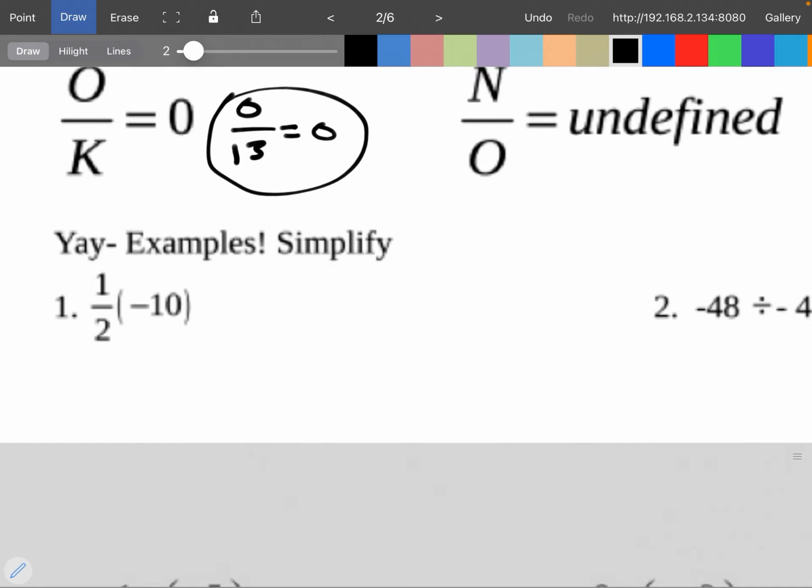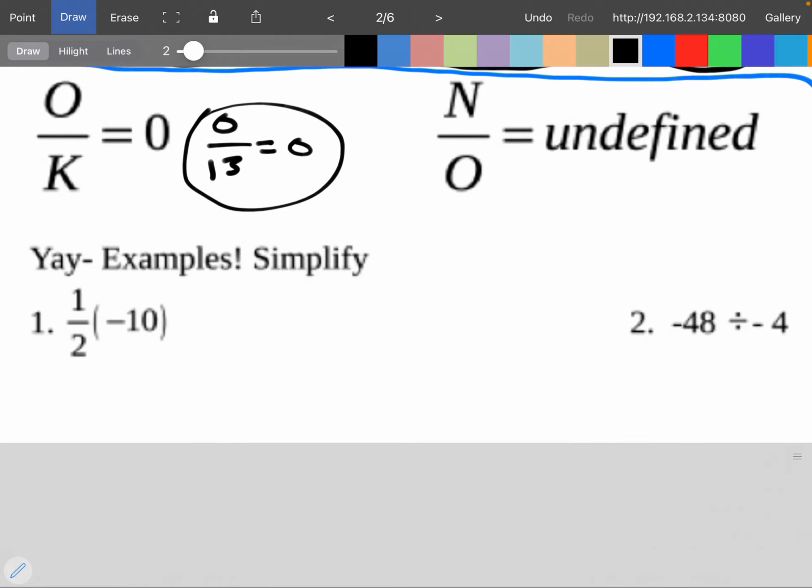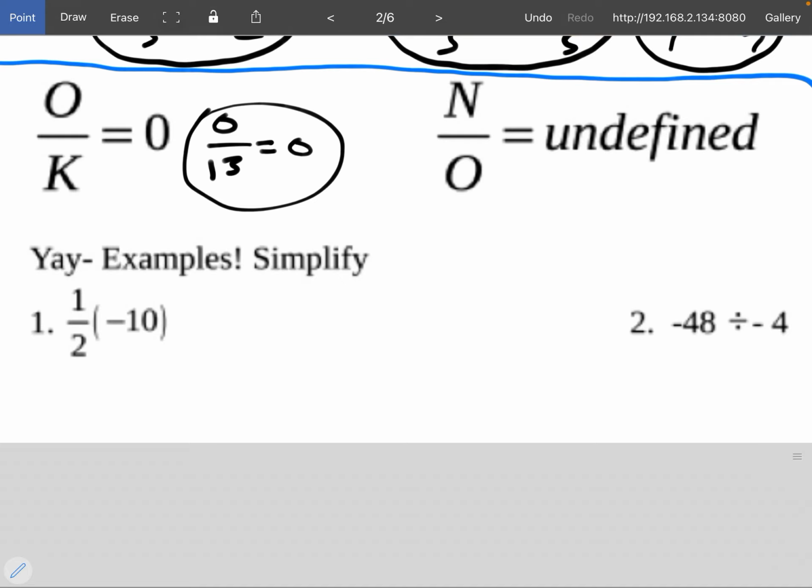And then this next one here is they're saying any number n divided by 0. So any number divided by 0 is, what's that? You guys got to speak up. Yeah, good. Thank you, Cameron. Yeah, it's undefined.